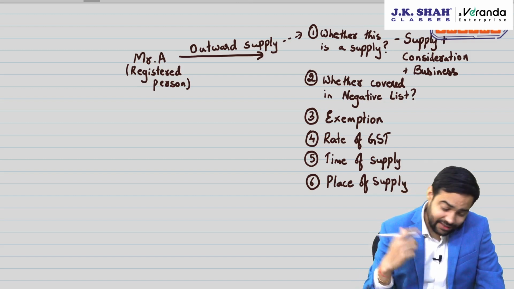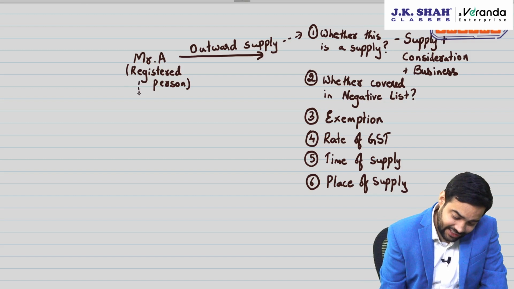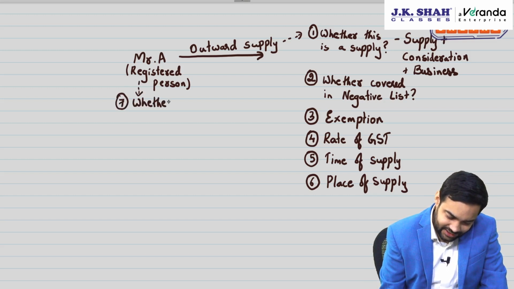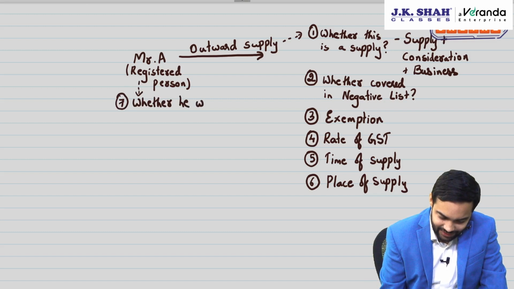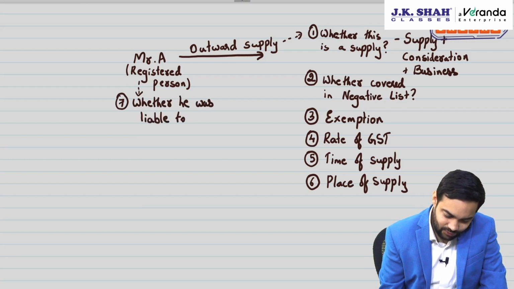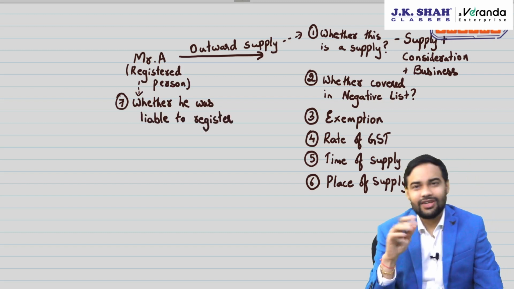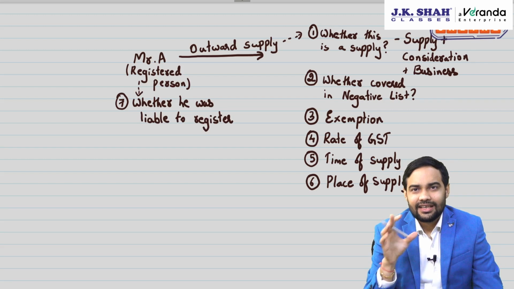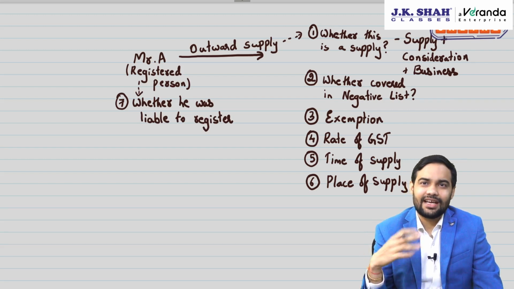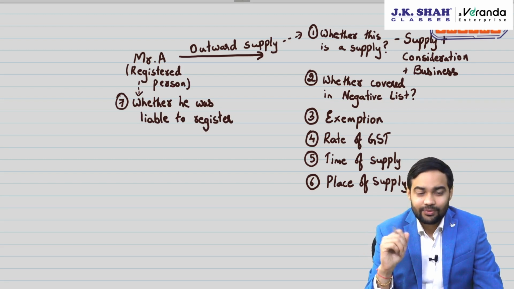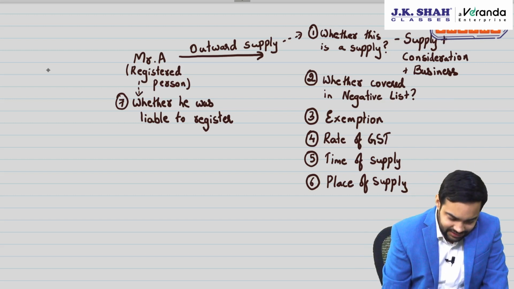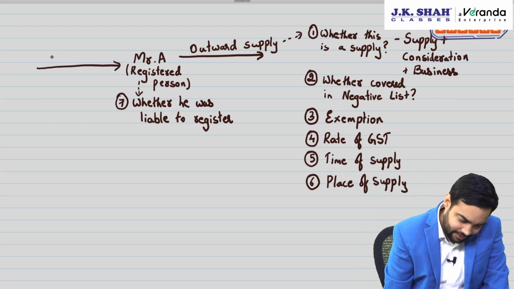And over and above all this, he has to check whether he was liable to register. This will be dealt with in registration. The provisions of registration tell us whether that person has to take registration. Now coming to the purchase side, we call it inward supply.